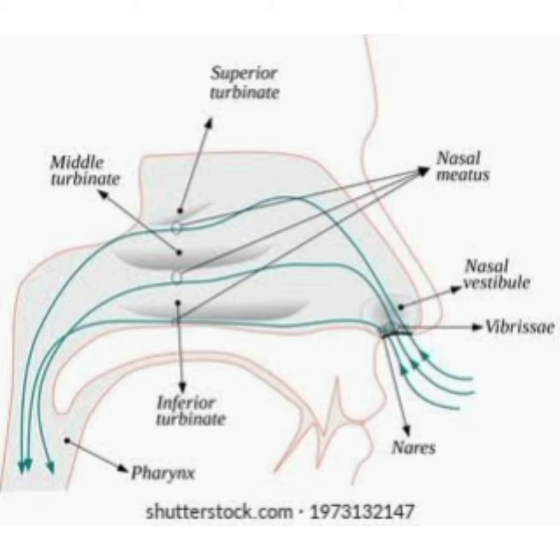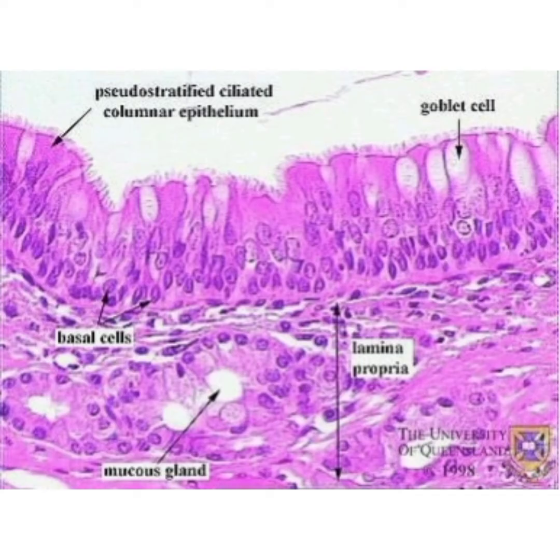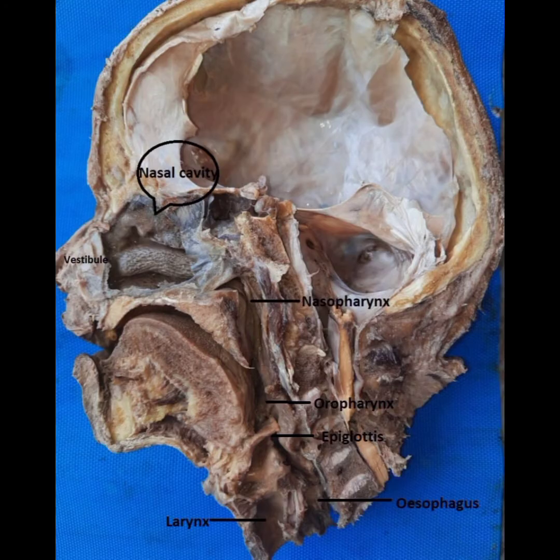At the transition within the vestibule, the keratinized epithelium is replaced by the respiratory epithelium. The respiratory epithelium is nothing but ciliated pseudostratified columnar epithelium.